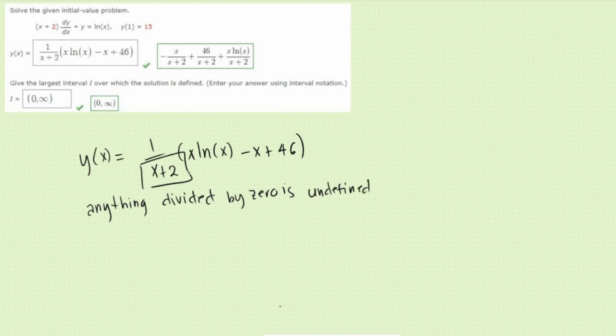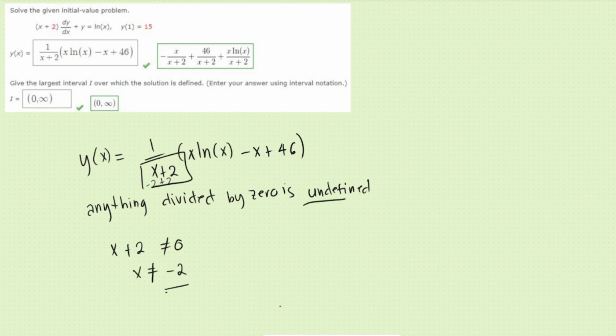So what are the values of x that will make the denominator x plus 2 equal to 0? X is equal to negative 2, right? So x should not be equal to negative 2, because negative 2 plus 2 is just 0, and we can't divide anything by 0 because this would be undefined.